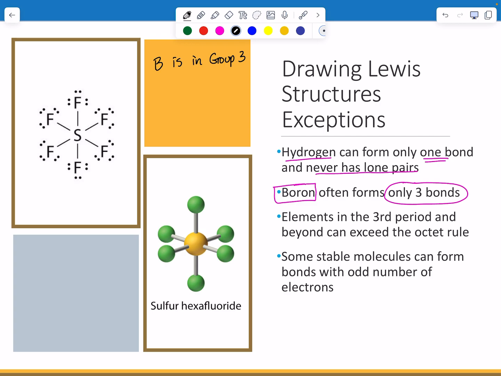But it doesn't. It only forms 3. So you'd expect it to form 5 bonds, but it only forms 3. So boron is in an interesting position.